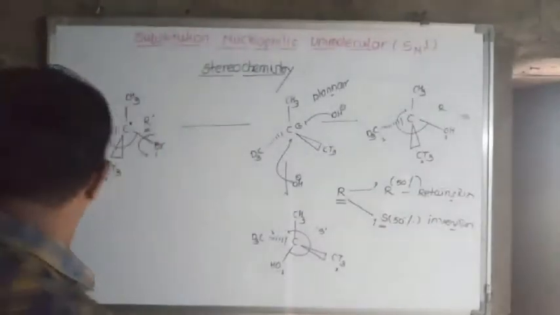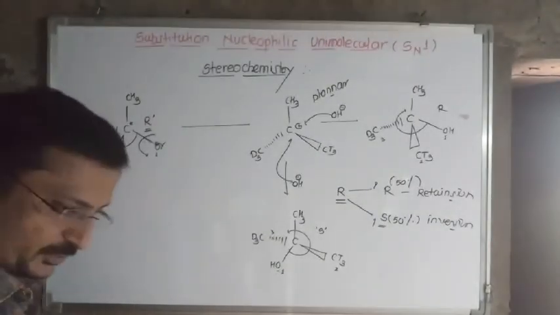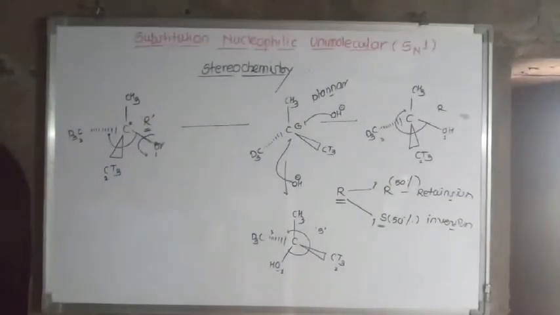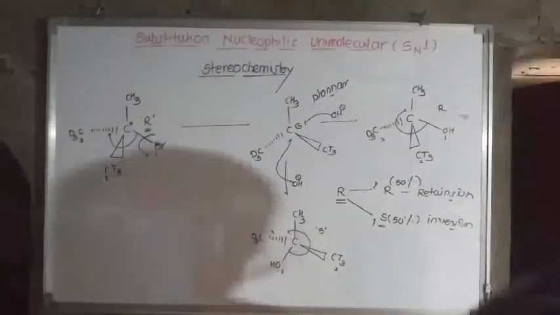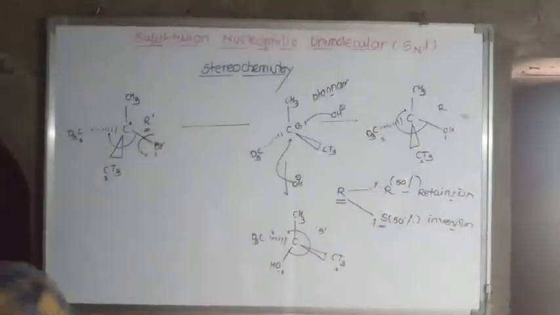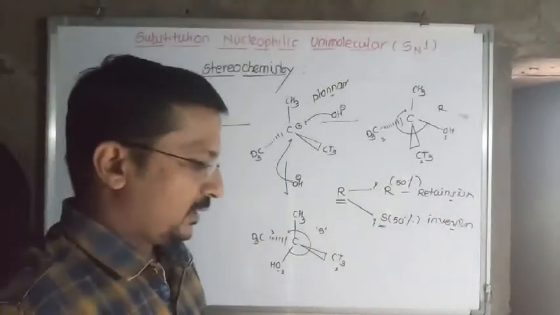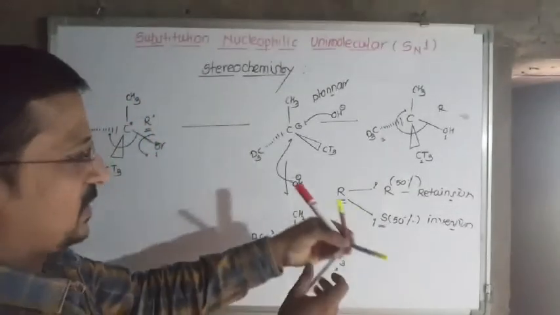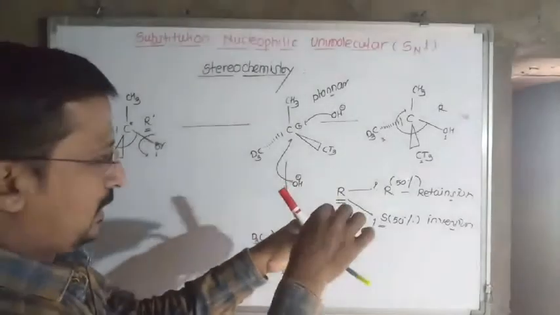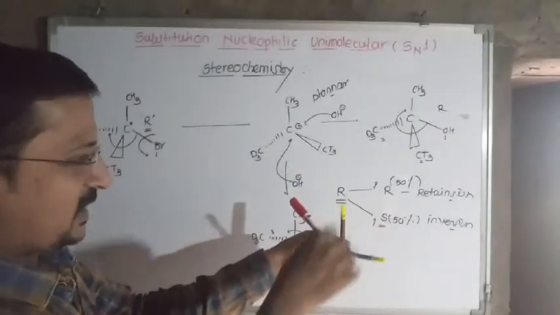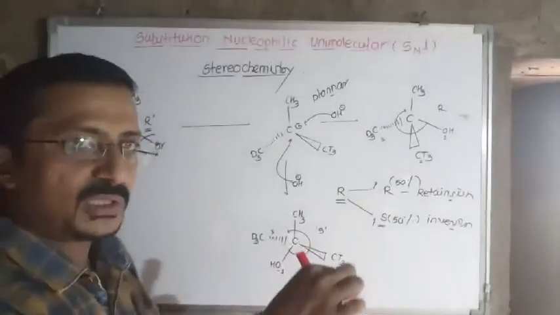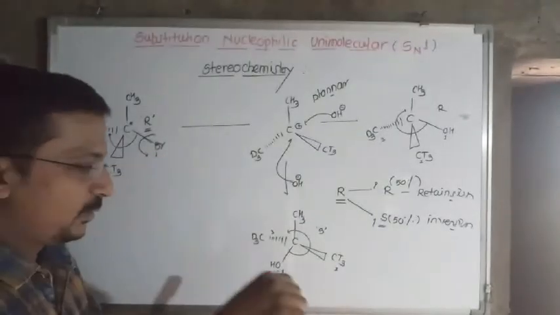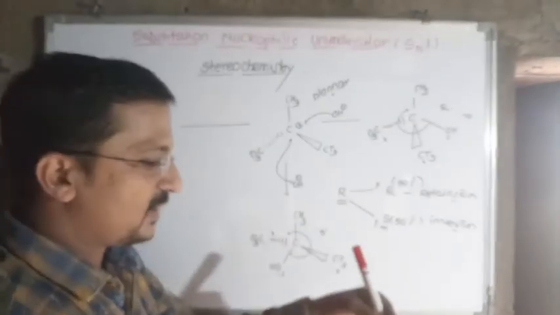Now consider the structure of the carbocation like this. Just imagine the brown colored bond is bromine, which leaves the system to form a stable carbocation.